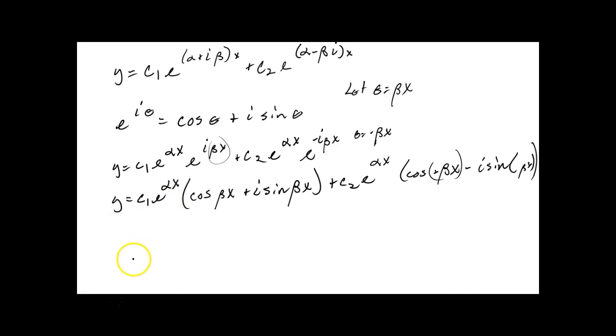Oh, yeah, that became a plus. You just can't tell. Okay, plus. So those two are now the same. Okay. Now let's see what we've got here. We've got a C1 e to the alpha x cosine beta x plus C1 e to the alpha x.